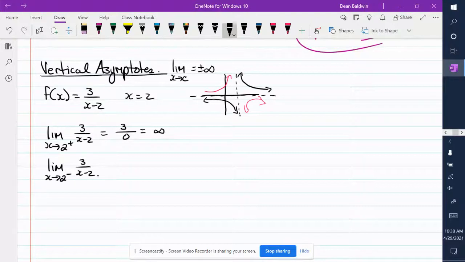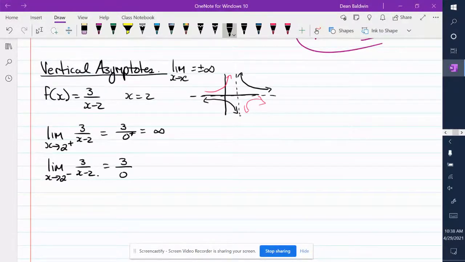If I put a 3 into here, do I get a positive or negative number? Positive. So we say it's 0 plus. It's a positive 0. It's going to be 0, but it's always going to be a positive number. Now, if you're dividing a positive by a positive, you should get a positive, and the graph does go to positive infinity.